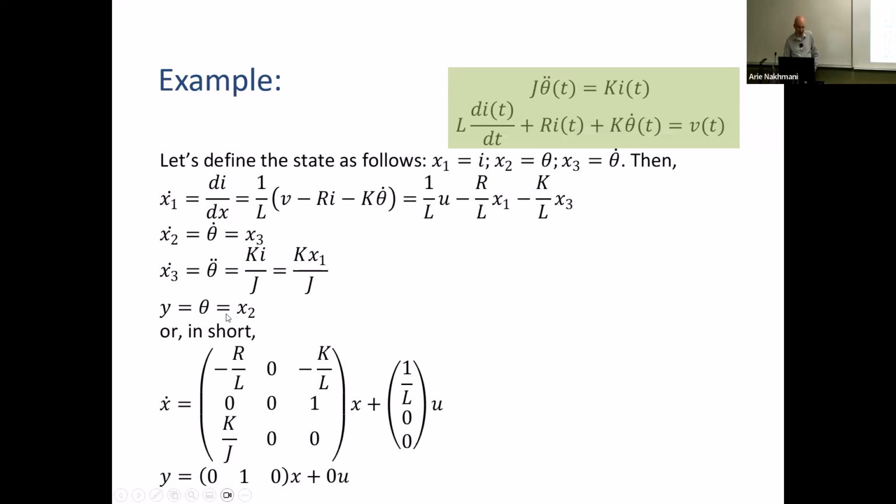You can write all of the same equations as matrices. This is just copying coefficients here. In the first equation, you have minus r divided by L. This is the first coefficient. Nothing multiplies x2, so it's 0. And then minus k divided by L multiplies x3 here. It's just algebra. We will get back to that, how you do that.